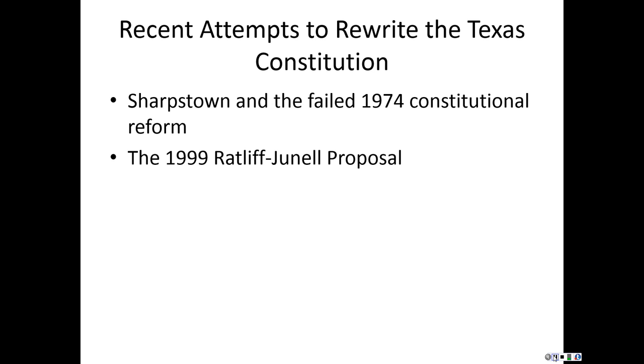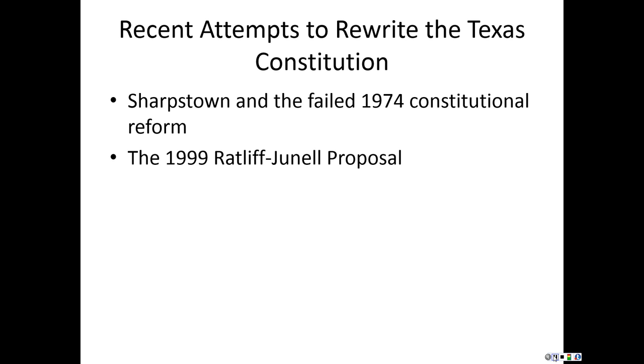The next time we had some sort of effort was the 1999 Ratliff-Juneau proposal. In 1999, Bill Ratliff and Rob Juneau proposed a new constitution that would have given the governor additional appointment powers and reduced the number of elected executive officials and judges. The legislature would have remained a part-time legislature.